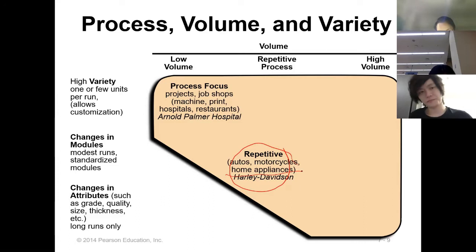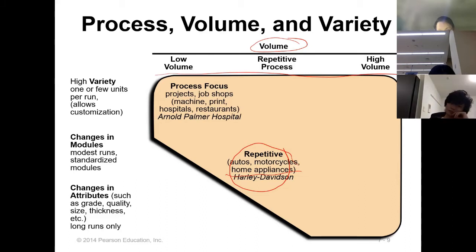Those are repetitive processes. So if you look at the top, this is the volume scale. When the volume is not very low, then you can use repetitive.